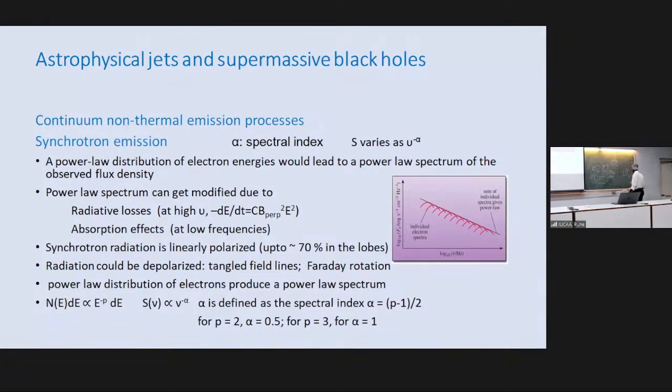What happens is that if I had processes by which I have more electrons at a lower energy. Here I've plotted the flux density versus frequency. Here I'm actually writing down the energy of the electrons and how they are distributed. I have many more electrons at a lower energy compared to electrons at a higher energy. I can express this as N(E) dE proportional to E to the power of minus p, say.